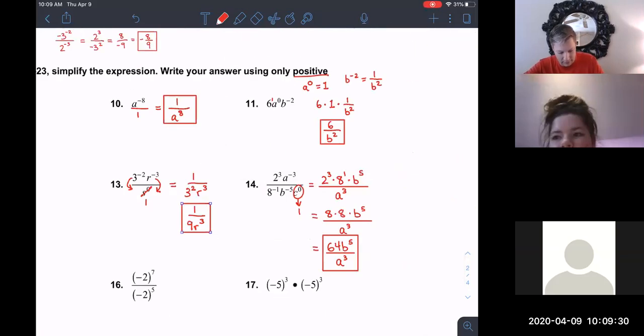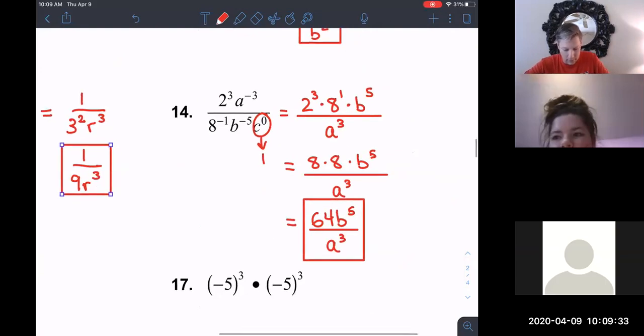Okay, and you can see how I did 14 here. I moved the negative exponents. I moved them all where they belong first. So let me get my laser pointer out. Okay, so 2 to the positive third, that stays where it is because we don't need to simplify a positive exponent. a to the negative third got moved to the bottom, becomes a to the positive third. 8 to the negative 1 got moved to the top, and b to the negative 5 got moved to the top, just so we can make everything positive, right?